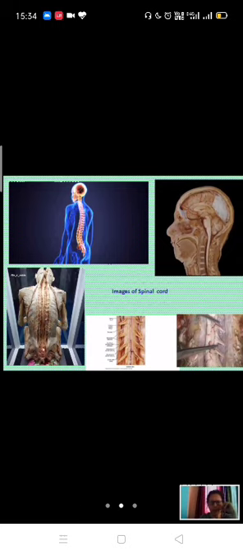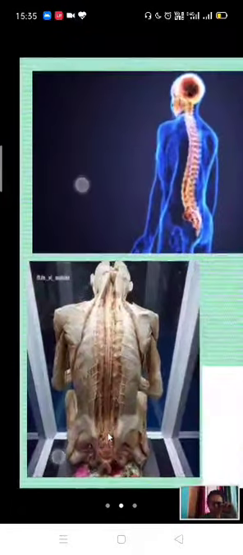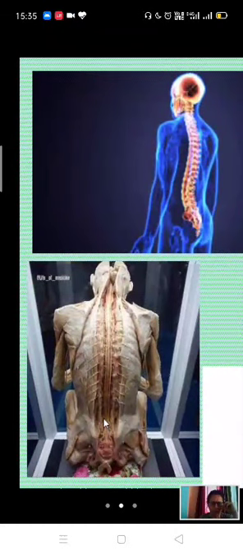Here is the structure starting from the medulla oblongata. Here is the cervical region, and here is the cervical enlargement. This portion is the cauda equina.